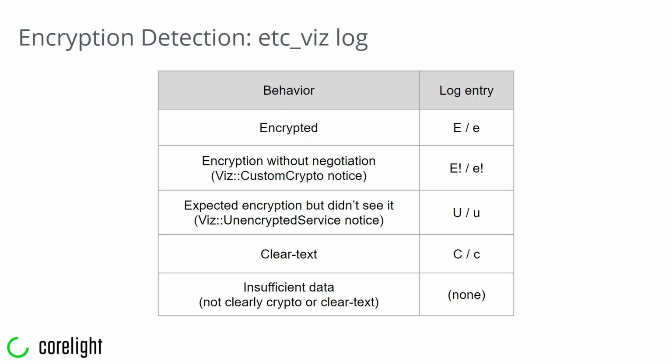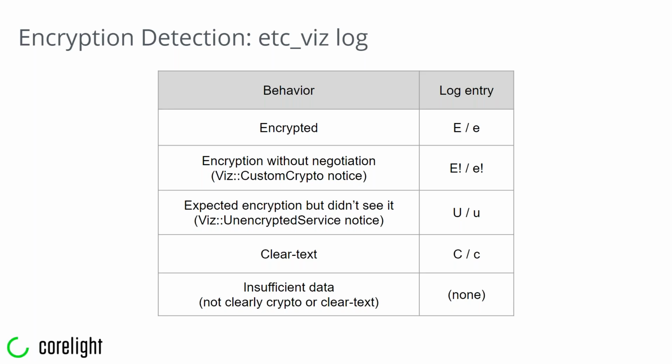Now you might notice in that column an exclamation mark, so E exclamation tells me that there was no negotiation. That exclamation is, I don't want to say an alert, but at least something to draw our eye and say, that's odd. This should have been something that we saw a handshake for, a kind of initial setup, and we didn't.